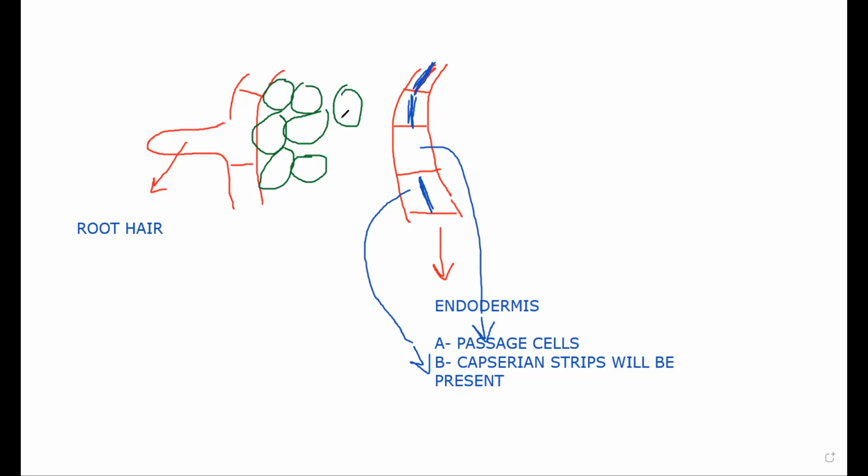So from here let me draw some also here. So here there are passage cells, sorry, the cortex cells. So let me take this labeling over here. So these are cortex cells. Fine.